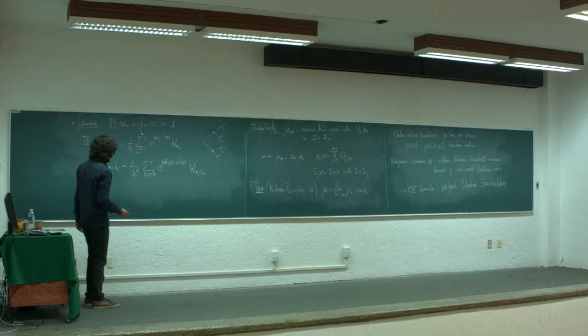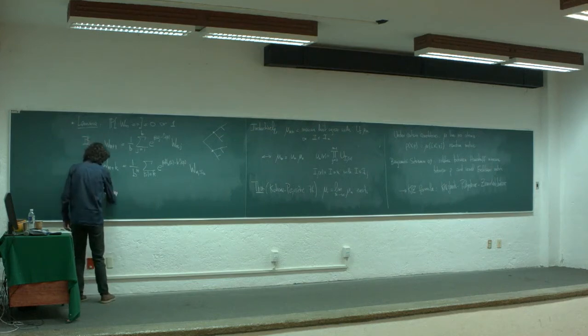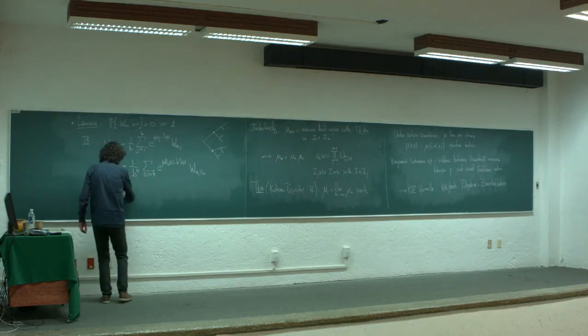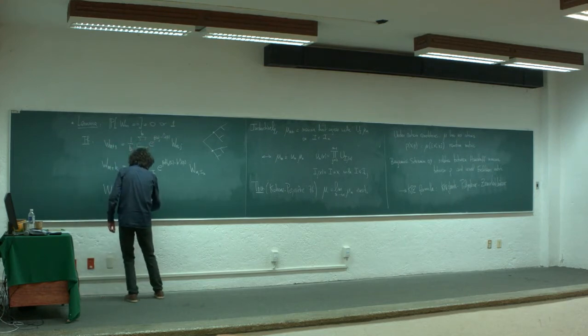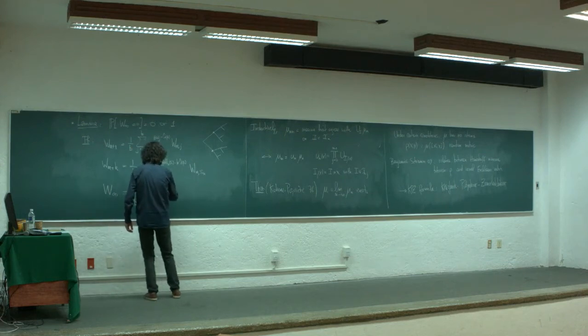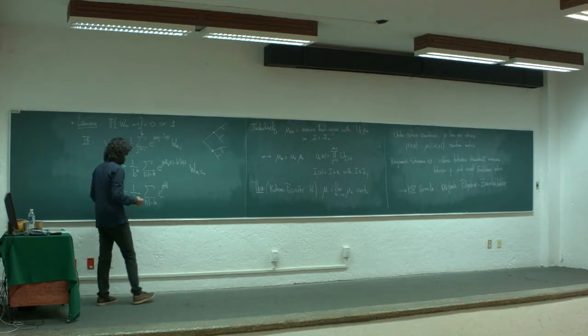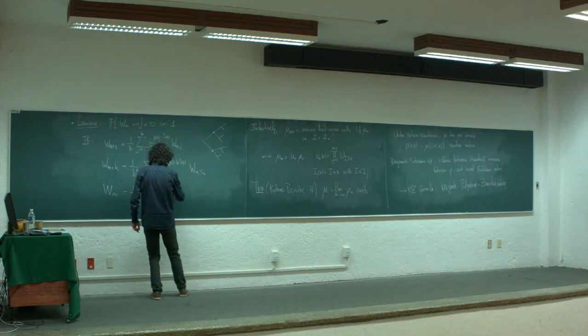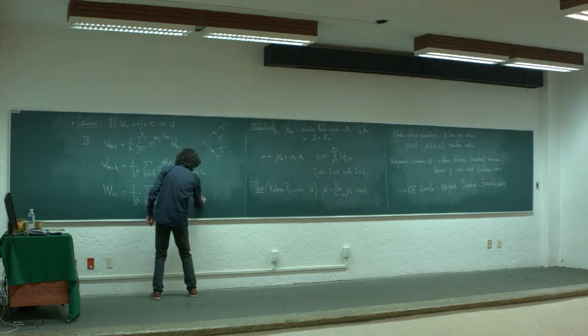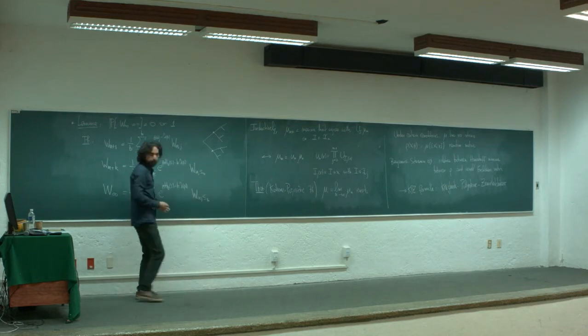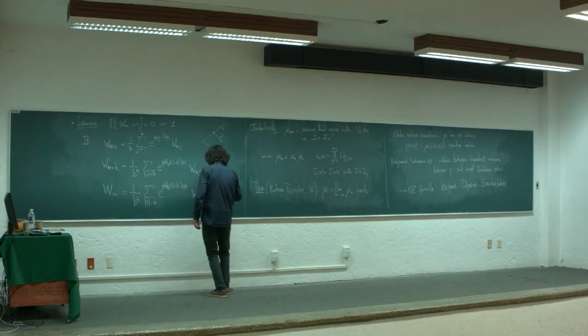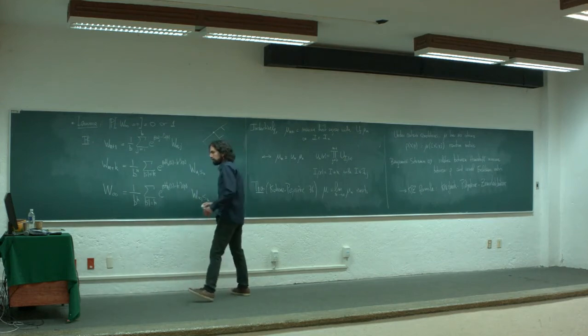And then you just take n going to infinity, and you get that W infinity is, well, the first part of the expression will be exactly the same. But now instead of having this Wn, you will just have a shifted version of W infinity. Okay? And this is for all k bigger or equal to 1.